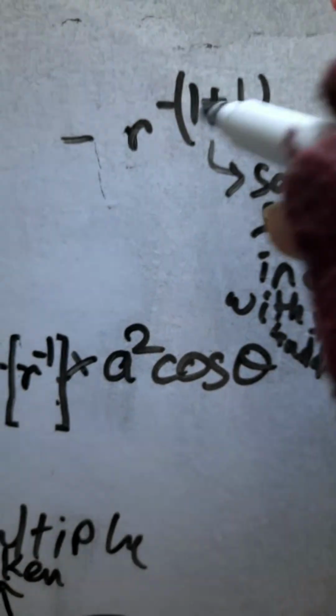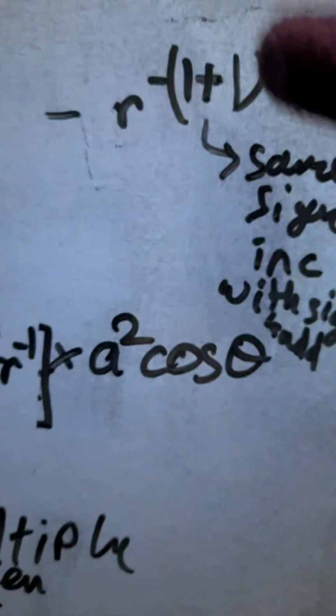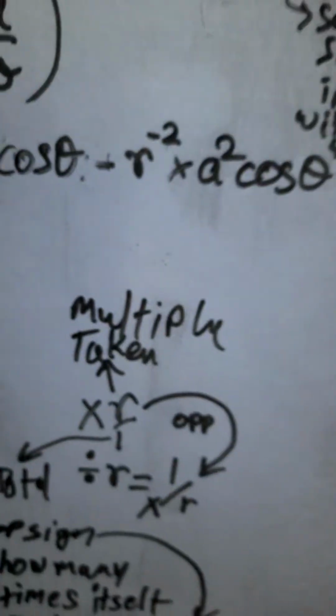This also becomes plus, so 1 plus 1, same signs get added, so 1 plus 1 is 2, so this is raised to minus 2. So minus r raised to minus 2, simple, we got this.